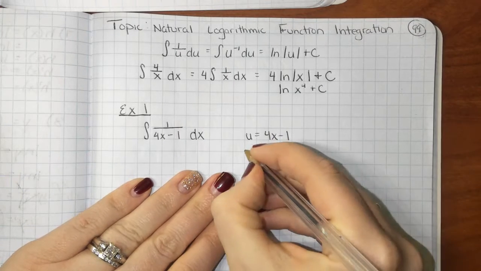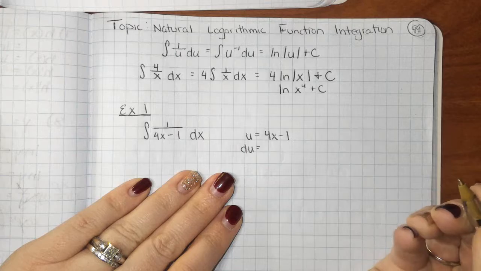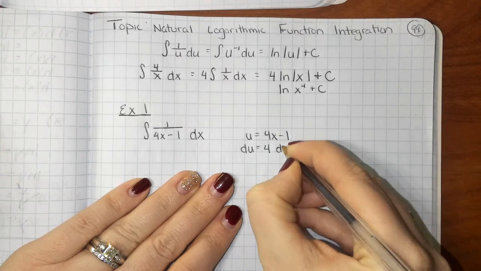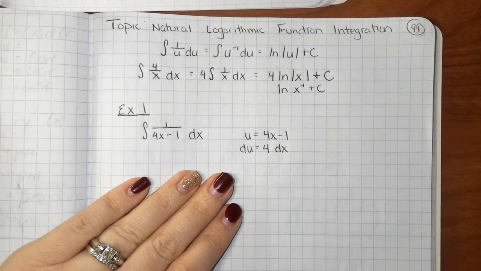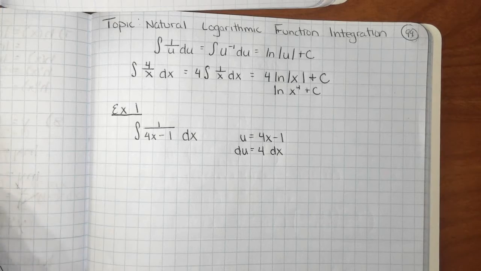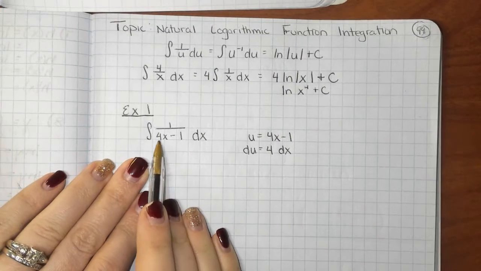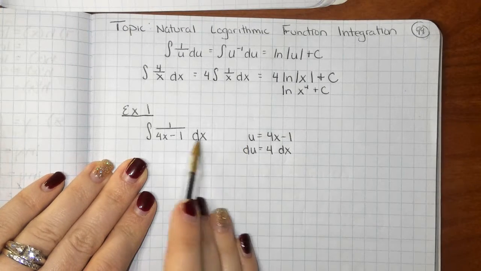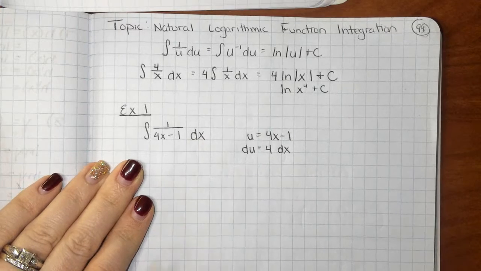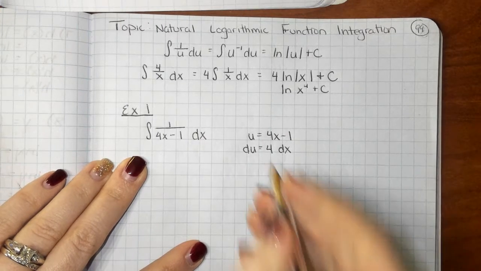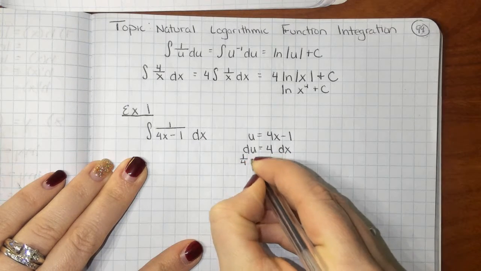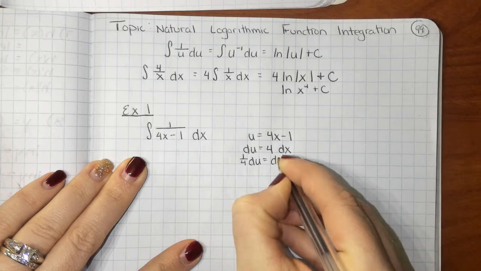So if u equals 4x minus 1, let's go through the process. That means du will be equal to 4 dx. Kind of looking familiar? And then as I go back, I can take care of this 4x minus 1 with that u. dx can almost be taken care of if I divide by 4. So I have 1/4 du equals dx.